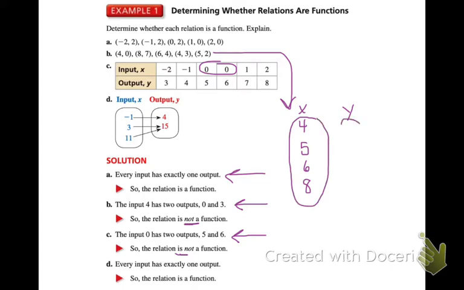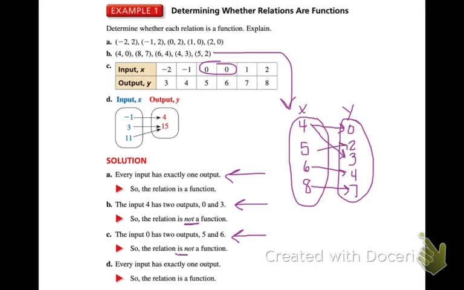And my y values in least to greatest, 0, 2, 3, 4, and 7. And when I draw the arrows, I'm going to draw 4 to 0, 8 goes to 7, 6 goes to 4, 4 goes to 3, and 5 goes to 2.